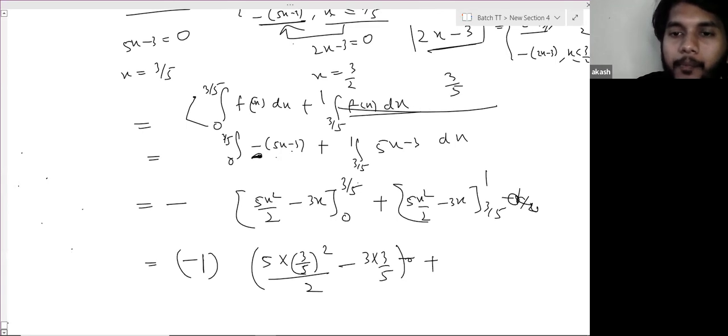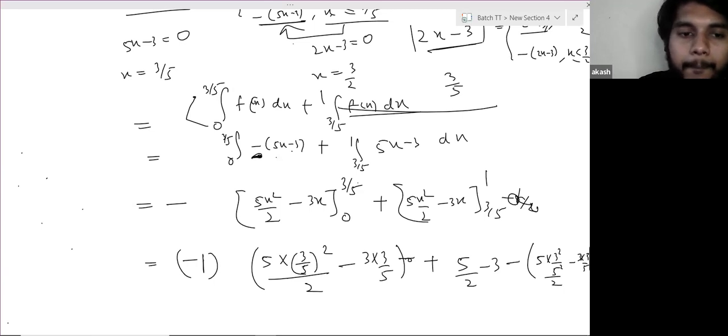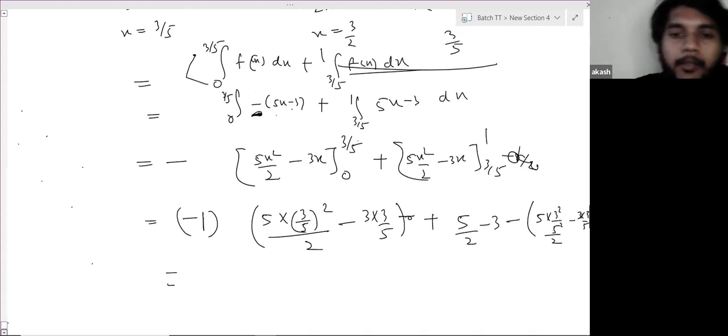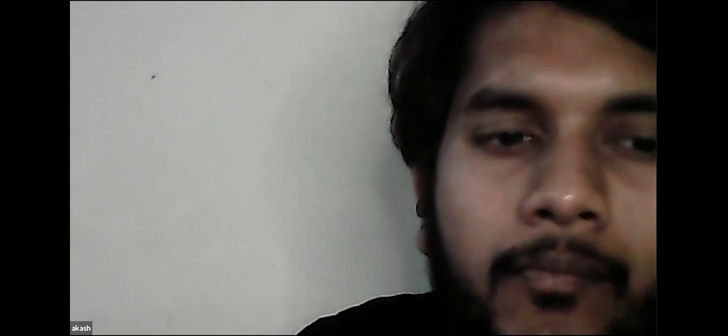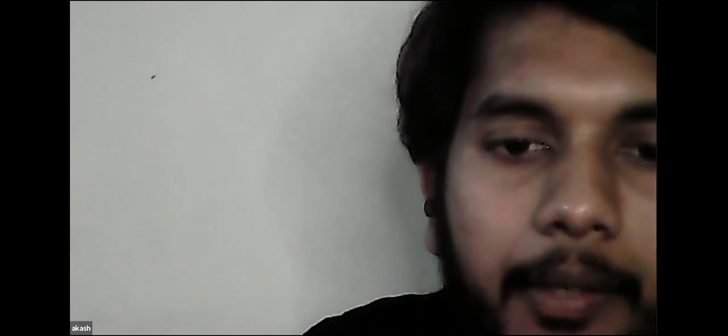Plus, when you put 1, this is 5 by 2 minus 3, minus, when you put 3 by 5, this is 5 into 3 square upon 5 square by 2 minus 3 into 3 by 5. All right. So this is 9 by 25 into 5 is 9 by 10 minus 9 by 5. Give me 1 second.